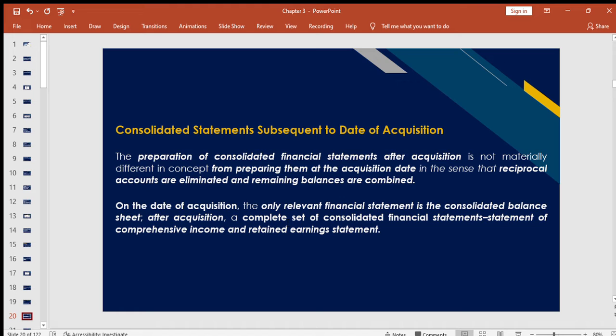On the date of acquisition, the only relevant financial statement, as discussed, is the balance sheet, while after the acquisition we have a complete set of financial statements to be considered.